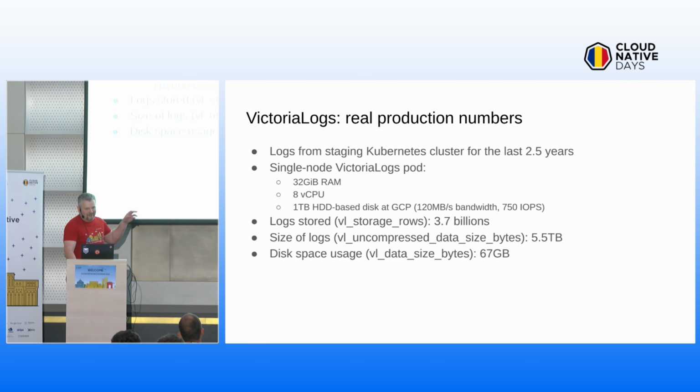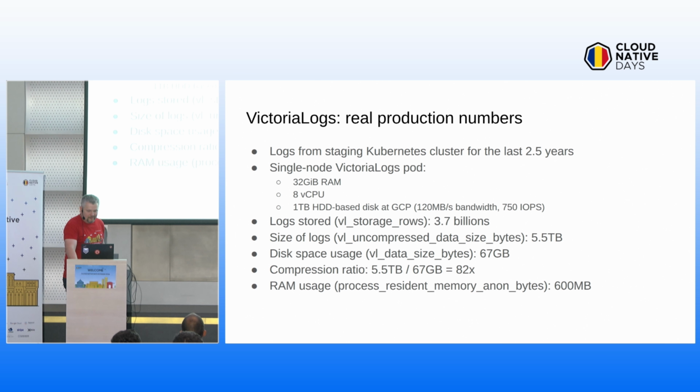These 5.5 terabytes of logs are compressed to 67 gigabytes on disk, and the compression ratio is 82 now. This VictoriaLogs system uses 600 megabytes in steady state when it accepts logs and does not run any big queries.